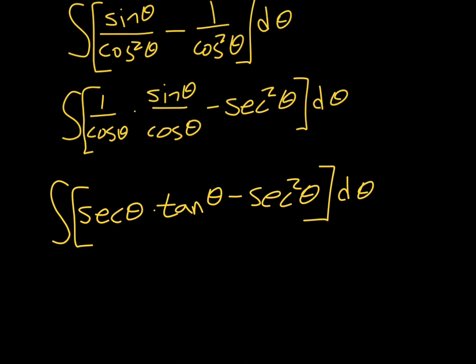The derivative of secant gives us secant tangent, minus the derivative of what gives us secant squared? Well, the derivative of tangent gives you secant squared. All right, so just a little bit different way of looking at it.